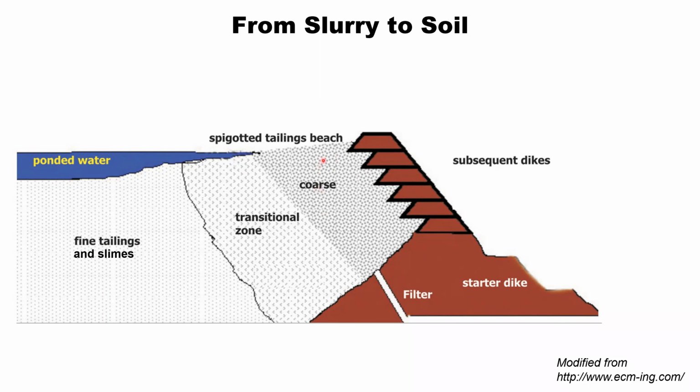And in addition, as the spigots and pipelines are moved around, you may have at one point water ponded near one side of the facility, and at a later date, water ponded near the other side of the facility. So you often get much more layered stratigraphies than what is illustrated here in this idealized stratigraphy.